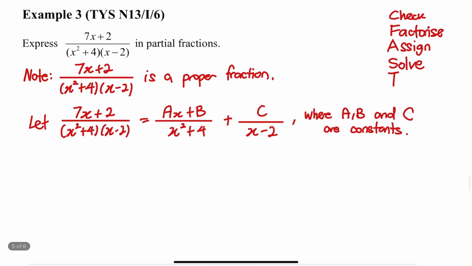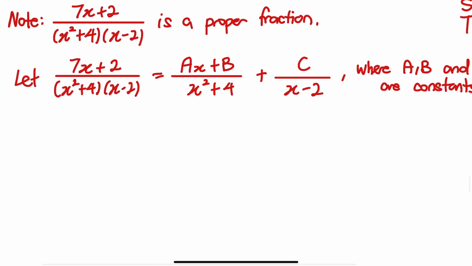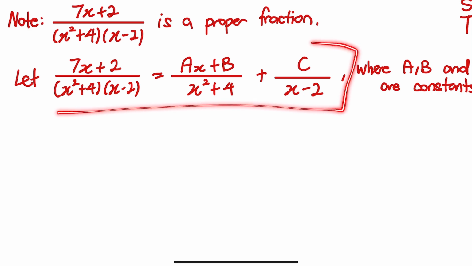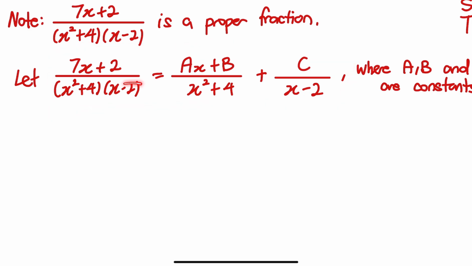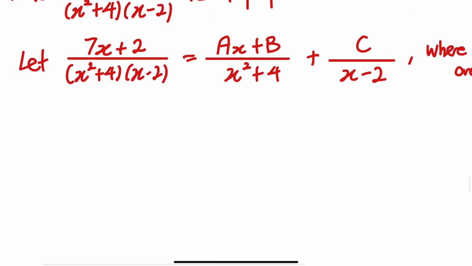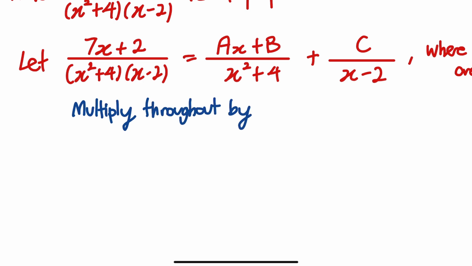Solve for A, B, and C. So remember the first step is to get rid of the fraction here by multiplying throughout by this denominator. So over here, I'll write multiply throughout by this factor (x squared plus 4)(x minus 2).